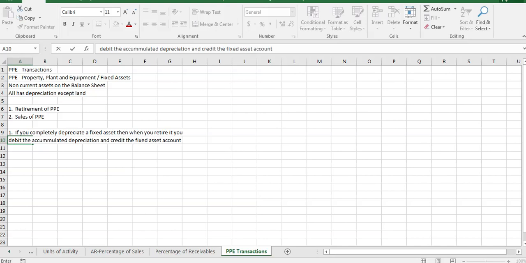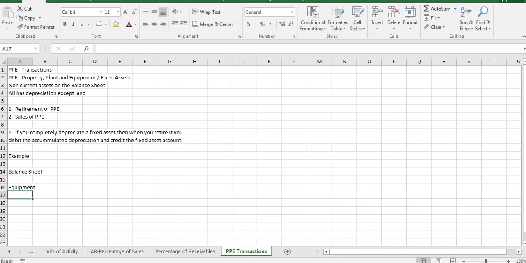Remember, since every equipment has an accumulated depreciation account, you have to take them both out of the balance sheet. So let's do an example of a balance sheet.